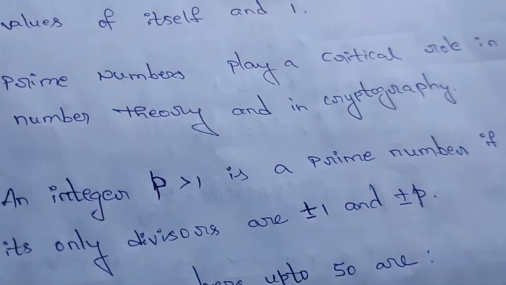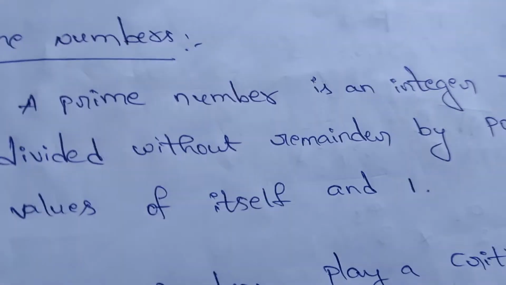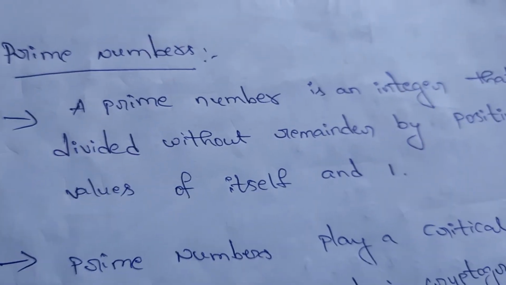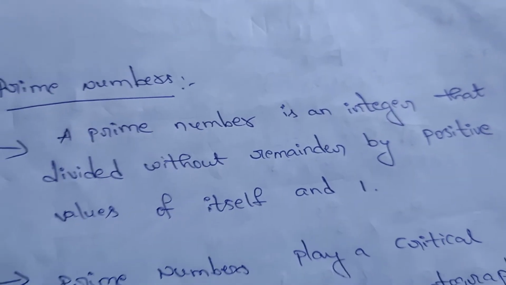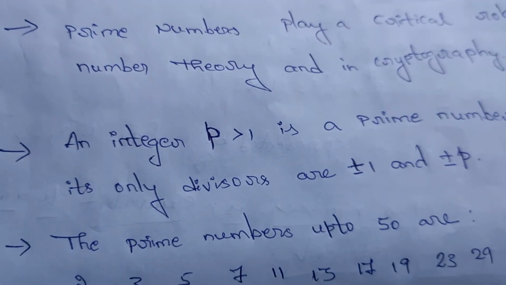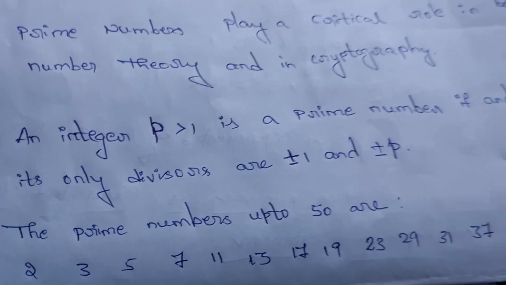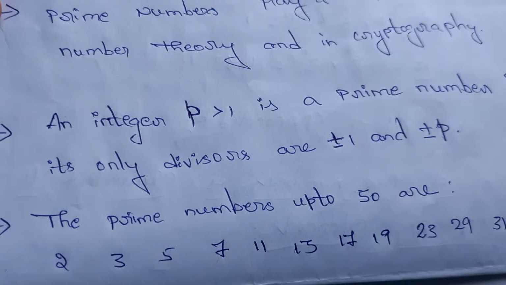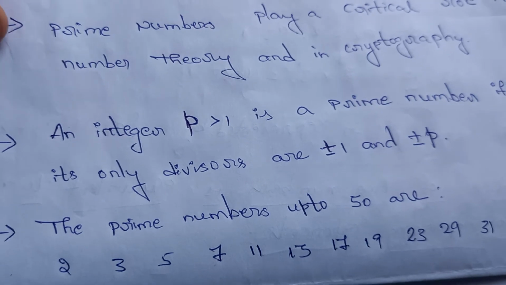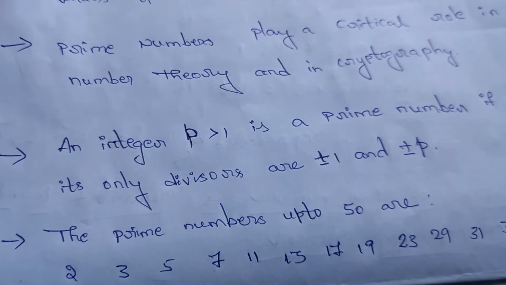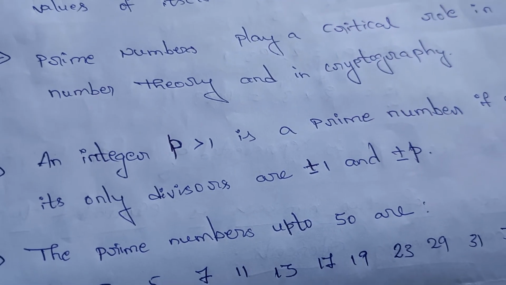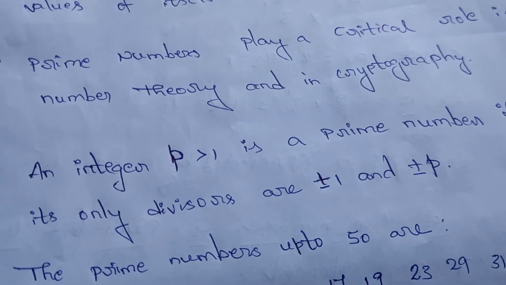Next is the integer definition. Here they have simply given the definition that a prime number is divisible only by itself and 1. An integer p greater than 1 is a prime number. Suppose you say p is an integer and a prime number. The integer must be greater than 1.